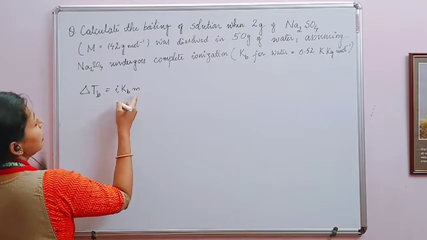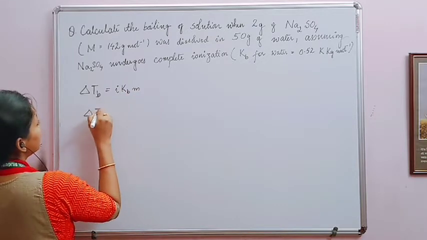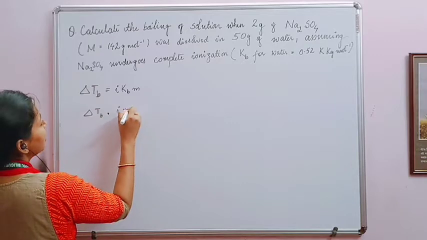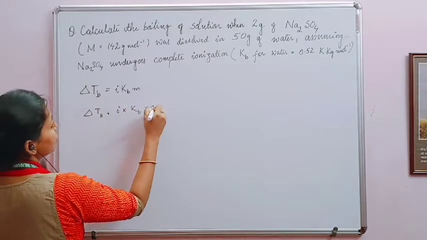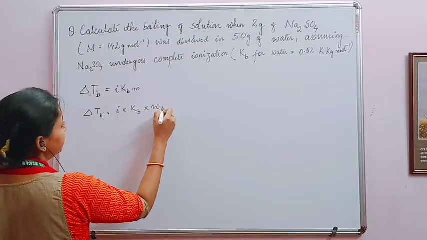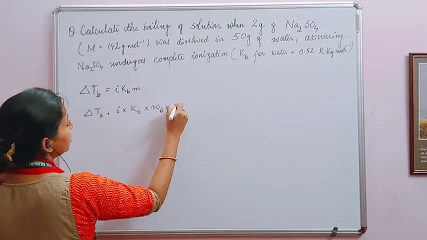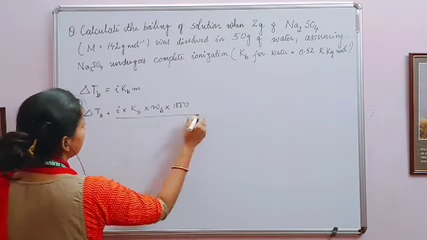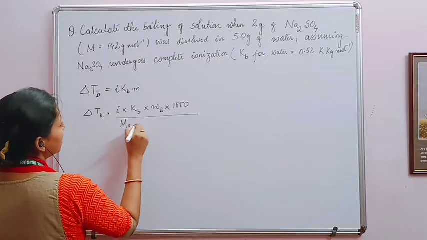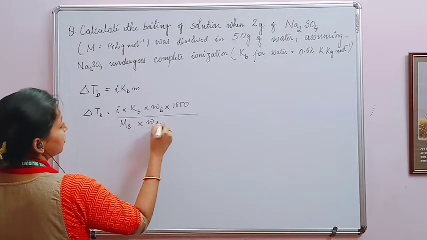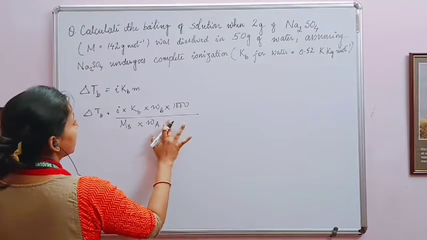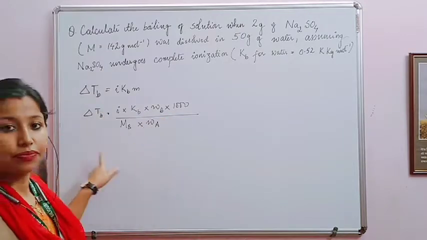Now, m is the molality, so delta Tb becomes i into Kb into Wb into 1000 divided by molar mass into mass of solvent. So this is the relation.